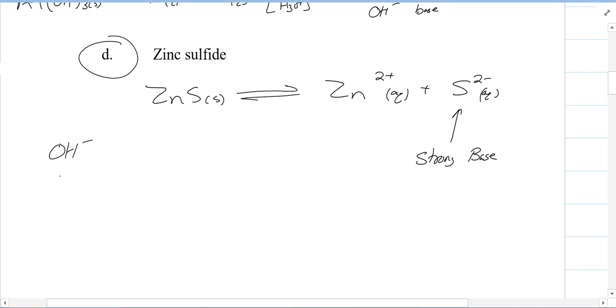OH minus, O2 minus, because technically that makes two OH minuses in solution, and S2 minus. Those are your three strong bases. So it's your group 1 and group 2 metals, hydroxides and oxides and sulfides. Not all of them per se, but those ones. And then our 7 strong acids: hydrochloric, hydrobromic, hydroiodic, sulfuric, nitric, perchloric, chloric. They all matter.